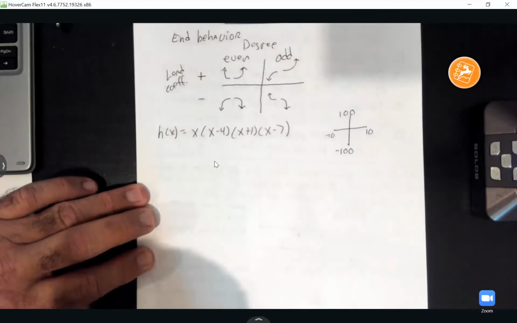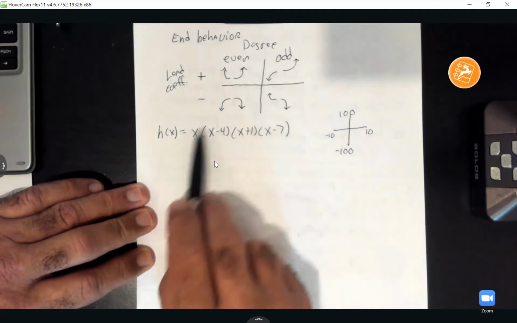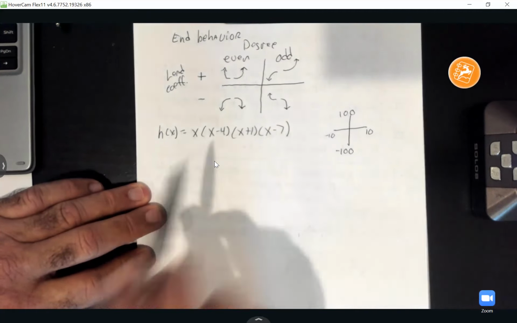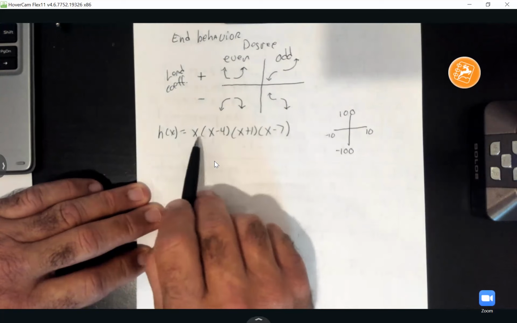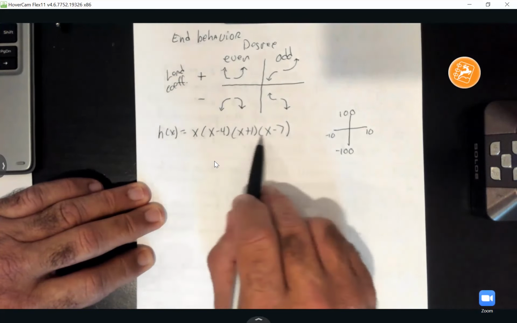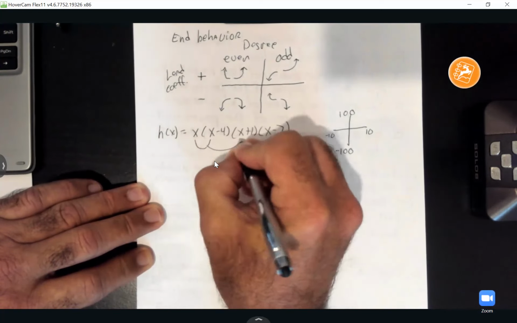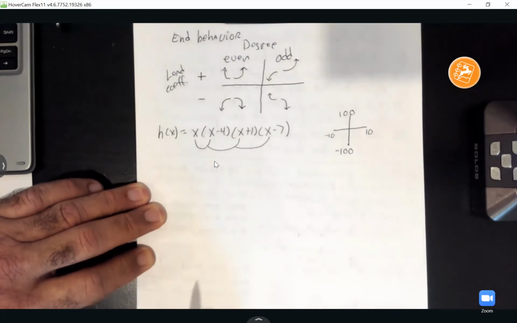So y'all, one way I do this is by figuring out what my degree of this would be. To get the degree of this polynomial that's in factored form, all we got to do is multiply all these x's together.